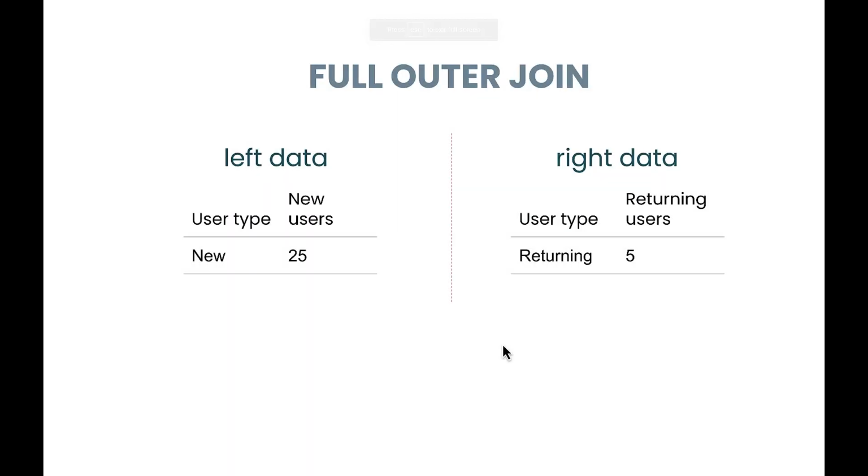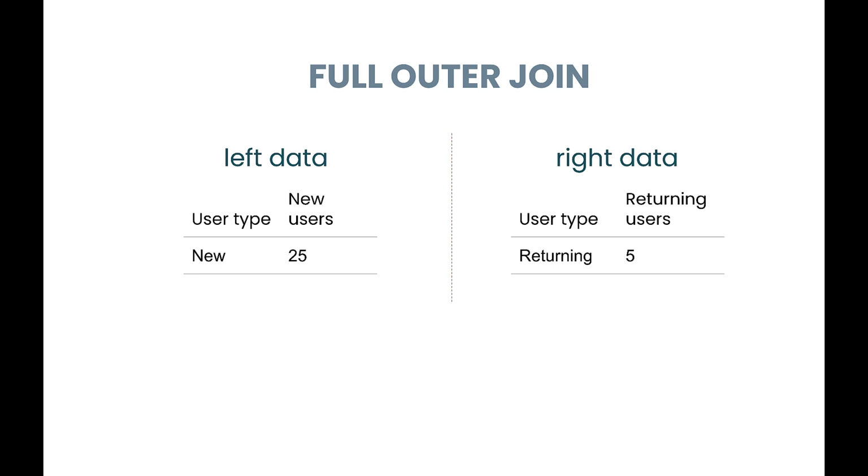So this is pretty much what my data looks like. I've got two tables. On the left, I have user type, and it has that constant value of new. And then it has a metric, new users. On the right, the user type is returning, and it's got returning users. When I do a full outer join, it's going to join the two data sets on a join condition.